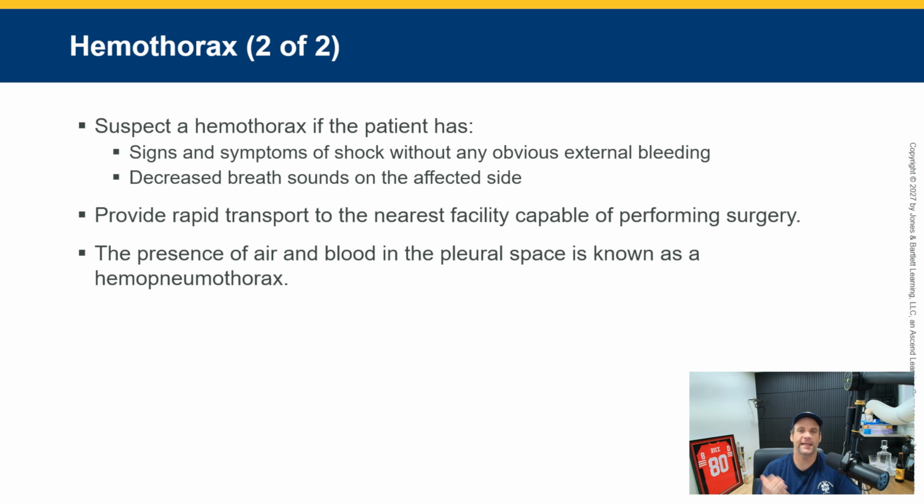So it's less important to recognize that, and more important to ensure proper ventilation, proper perfusion, and to assess for those signs. In reality, you should just support the physiological problems that you're finding, communicate that there could be a suspected internal chest injury, and then again transport rapidly to the most appropriate facility.